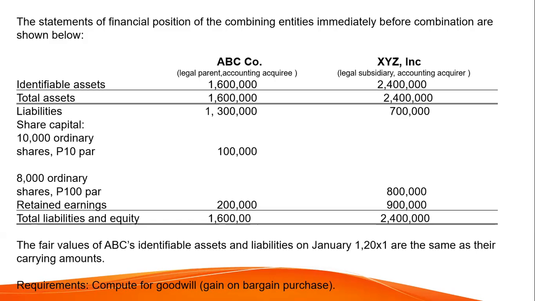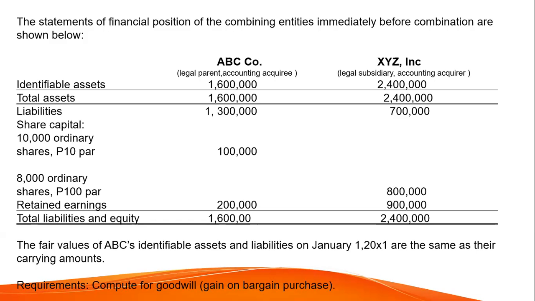So we have now ABC Company, the legal parent, the accounting acquiree this time in the case of reverse acquisition. XYZ Incorporated is the legal subsidiary, now the accounting acquirer.